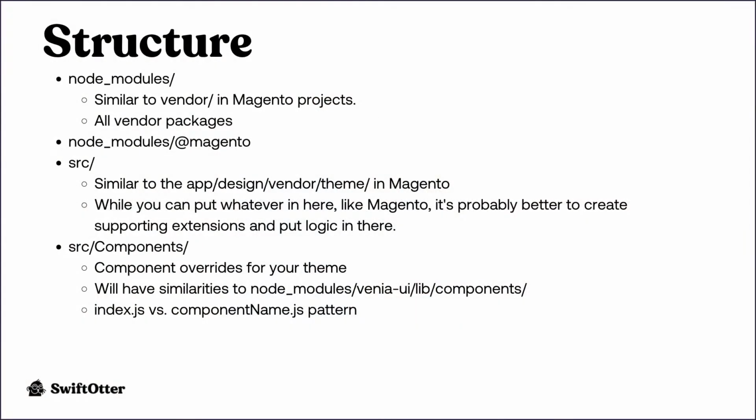One of the things that I want to mention here is the, actually, could we go back to the previous one? Index.js versus component name.js pattern. This is something that you'll see as soon as you open up the project and start getting into this a little bit. You'll see it has an index.js, which imports the component name.js file and basically serves as a pass-through.